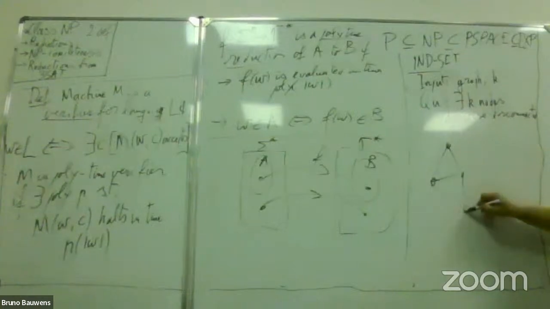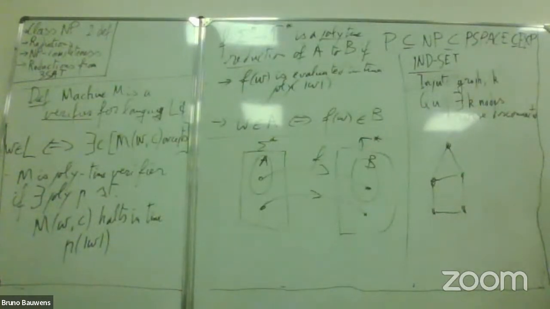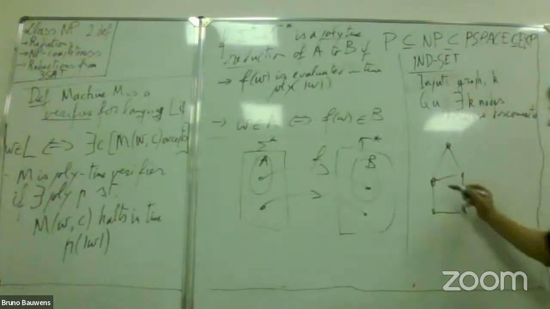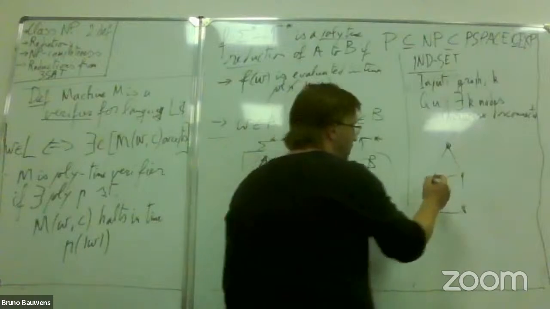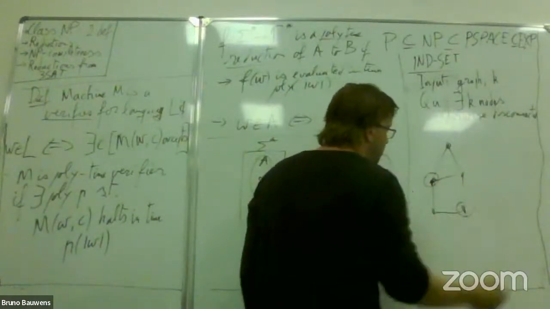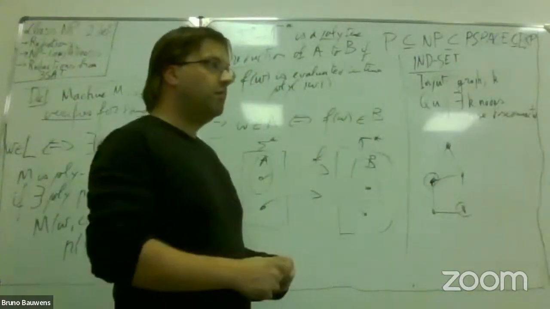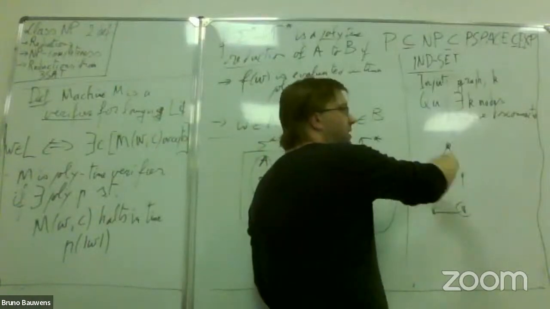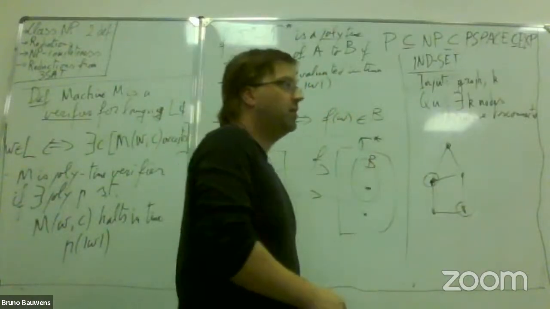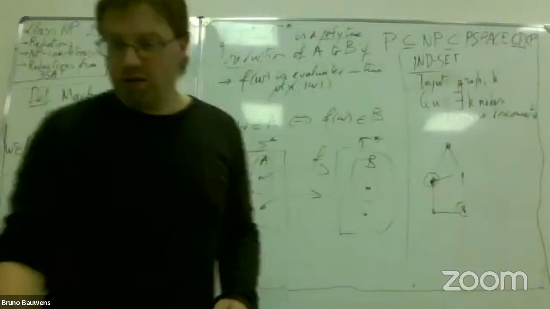Okay, it's too easy for you, I think. Is there an independent set of size 3? I also don't see one, but for 2, it's okay. We can take this one and this one. Because with a cycle of length 5, you cannot have two nodes always neighboring.